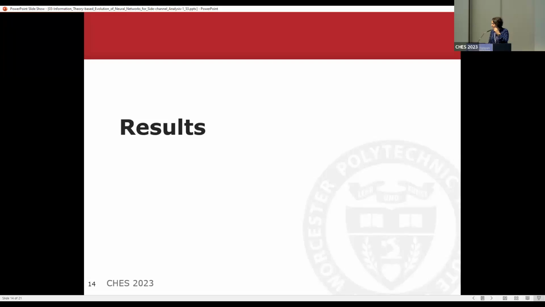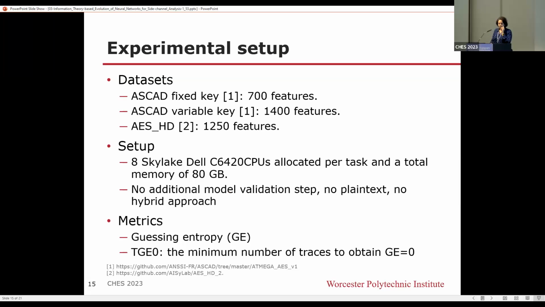All these being said, we can now take a look at some of the results. We are not going to go through all the results in the paper, just some examples. So first of all, we have applied InfoNEAT against three datasets: ASCAD fixed and ASCAD variable keys, and AES_HD. Why have these datasets been chosen?